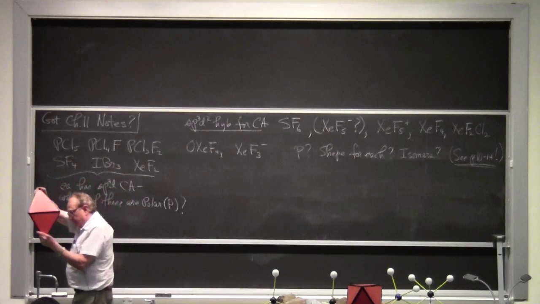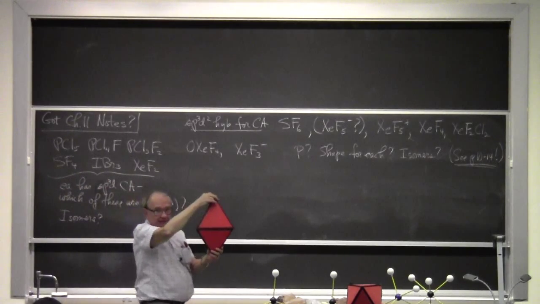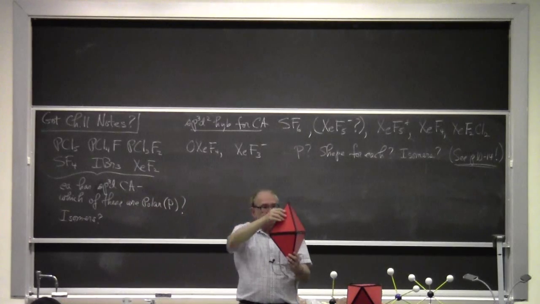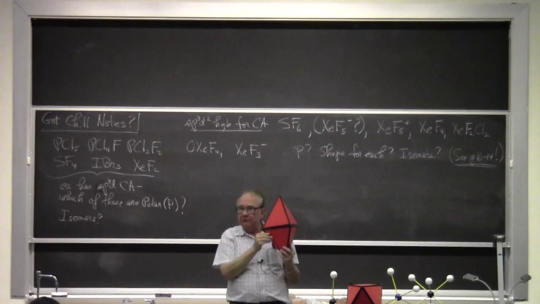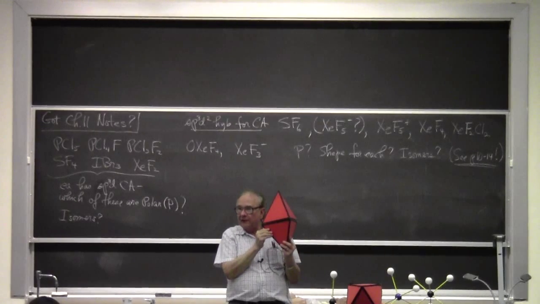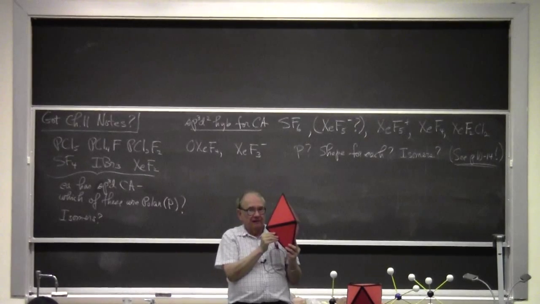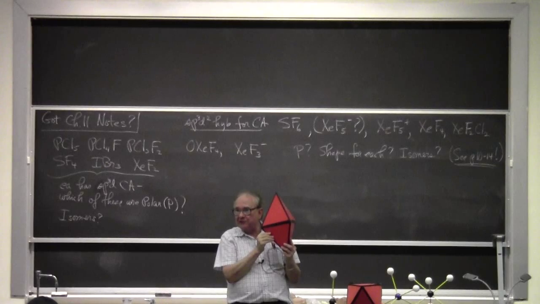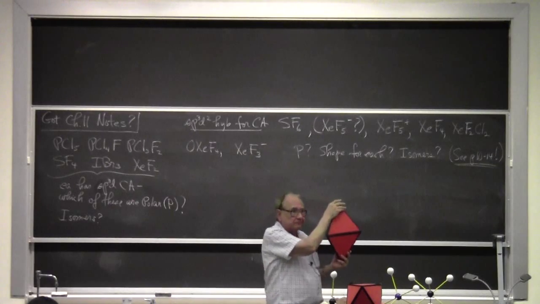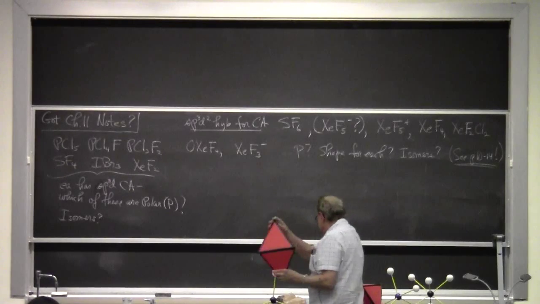Now, if I hold this solid state trigonal bipyramid model before you, where's the central atom? Well, it's right in the dead center of this model. You can't see it. But if you do a little bit of mental geometry, you can recognize something about bond lengths for a trigonal bipyramidal species if it's got identical peripheral atoms.